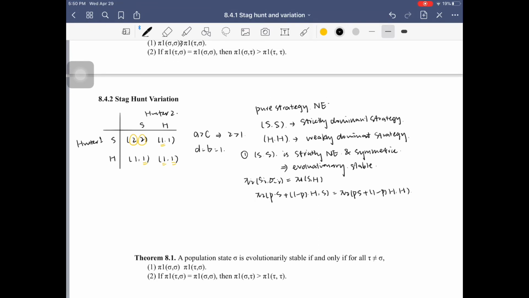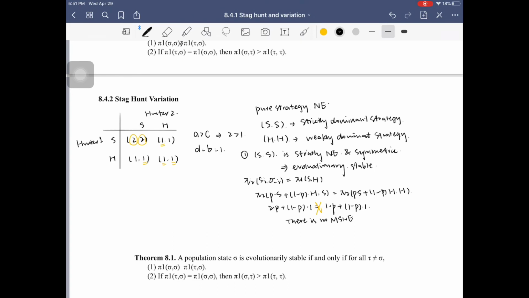This payoff should be equal, so we plug in the numbers: 2 times p plus 1 minus p times 1 equals 1 times p plus 1 minus p times 1. That should be equal, but it obviously is not. So there is no mixed strategy Nash equilibrium.